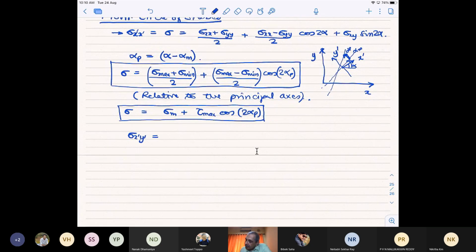This, you will remember, is just sigma yy minus sigma xx divided by 2 into sine of 2 alpha, plus sigma xy into cos of 2 alpha.